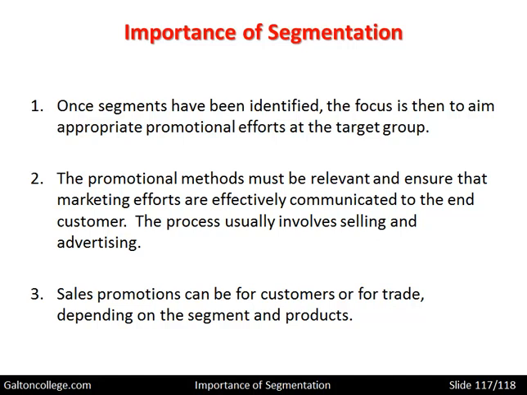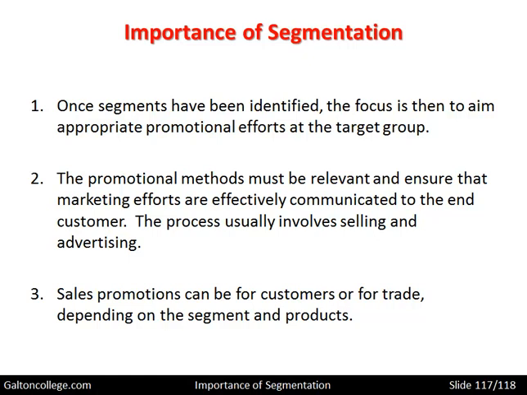Sales promotions can be for customers, for trade, depending on the segment and the product. So sales promotions could be aimed for customers or for trade. Companies sometimes sell directly to the public, or they could sell to other companies, depending on the nature of the product.